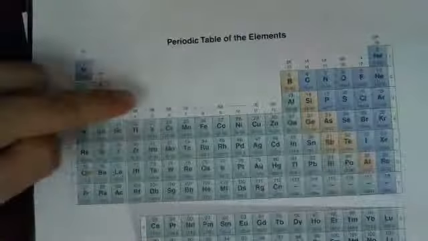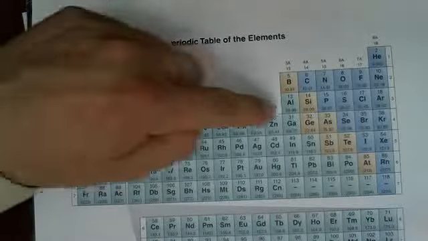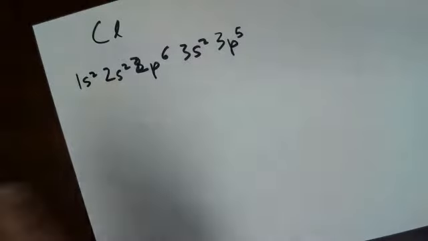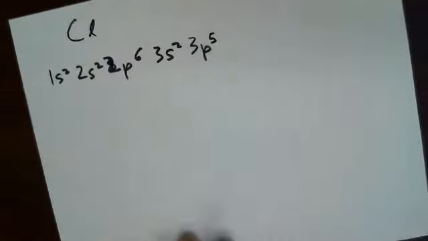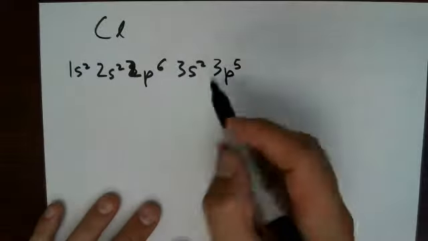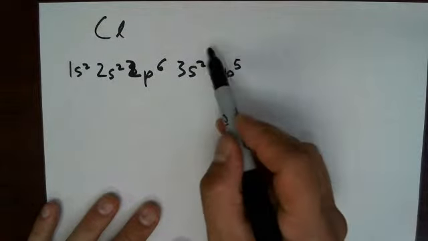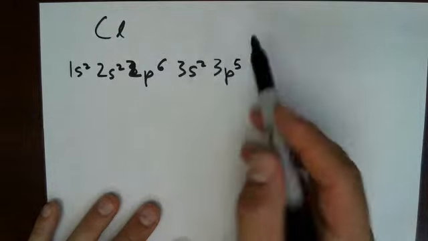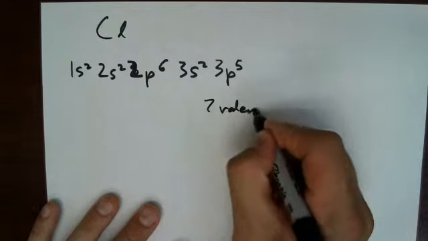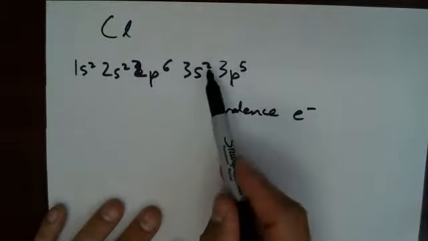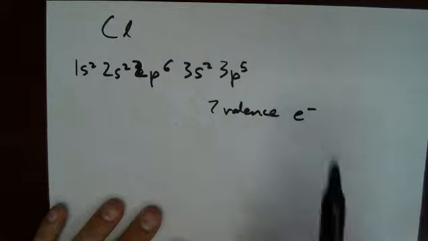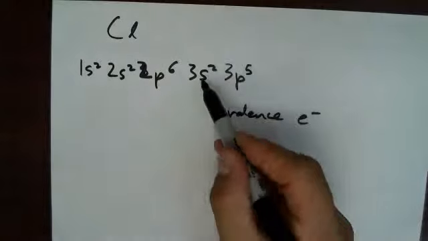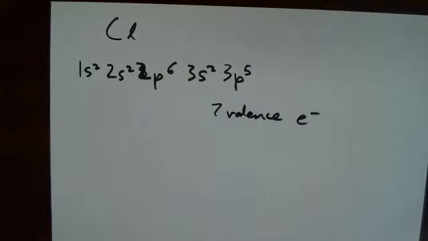We have a 2s2, 2p6, 3s2, 3p1, 2, 3, 4, 5, 3p5. And so the valence electrons are considered those in the highest energy level. In this case we're at the third energy level, and so there would be 7 valence electrons, which would be the 2 from the s's here and the 5 from the p, which gives a total of 7 valence electrons.